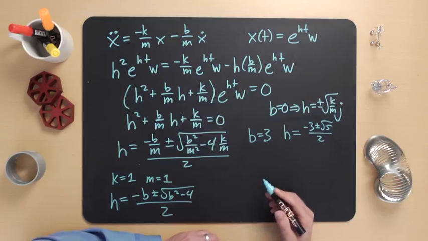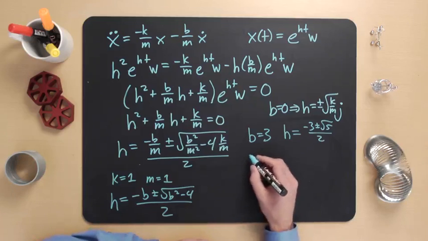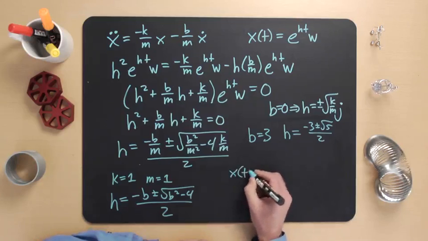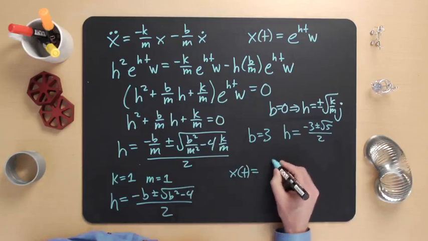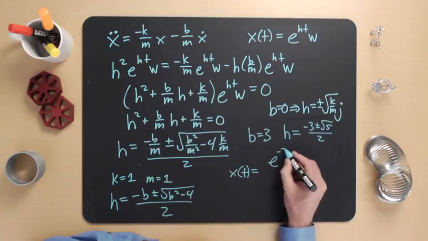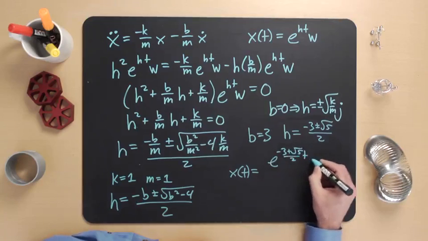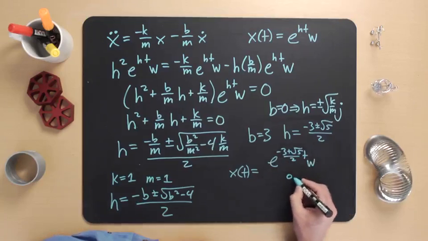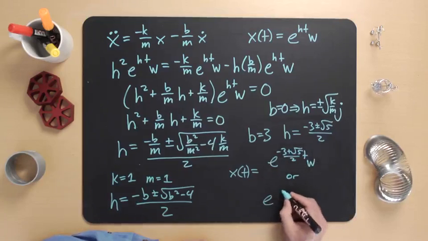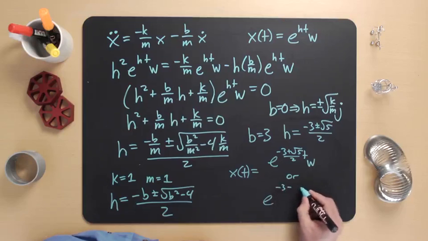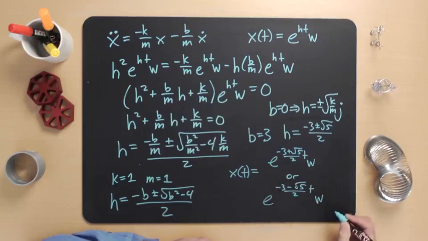This will give me an exponential solution of the form x of t is equal to e to the minus 3 plus square root of 5 over 2 t, all times w, or e to the minus 3 minus the square root of 5 over 2 times t, all times w.